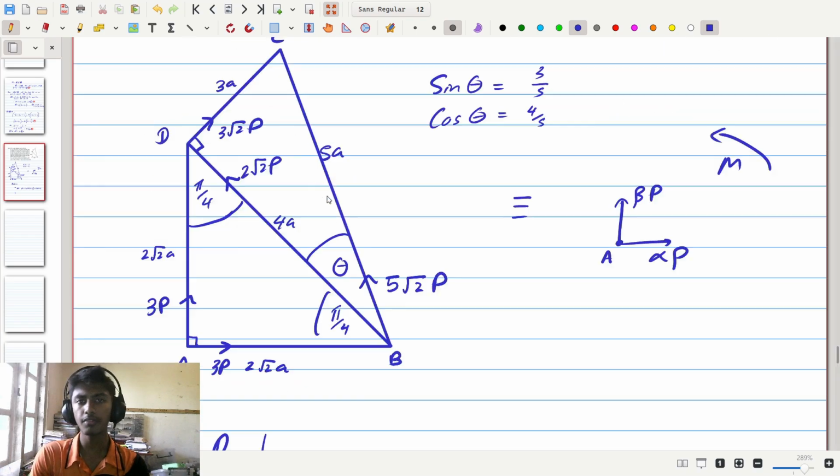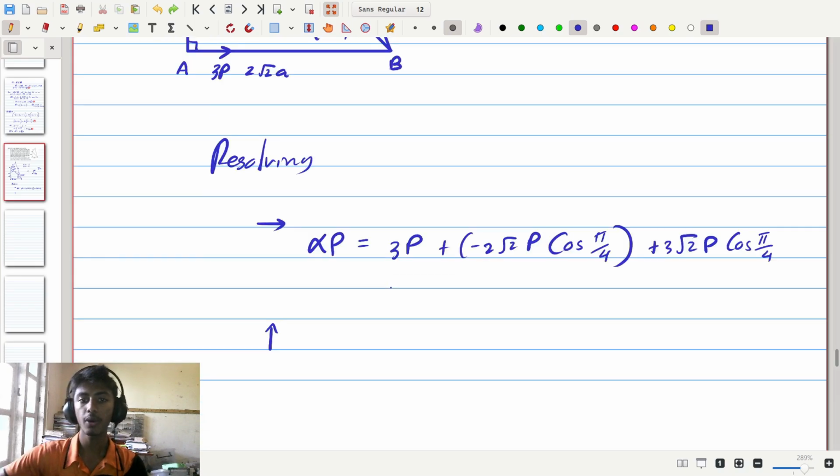Finally we have another 5 root 2p in the negative direction, and we need to take the cosine component where this entire angle is relevant, which is the angle pi by 4 plus theta. So we need minus 5 root 2p cosine of theta plus pi by 4. That's what we get if we resolve horizontally.